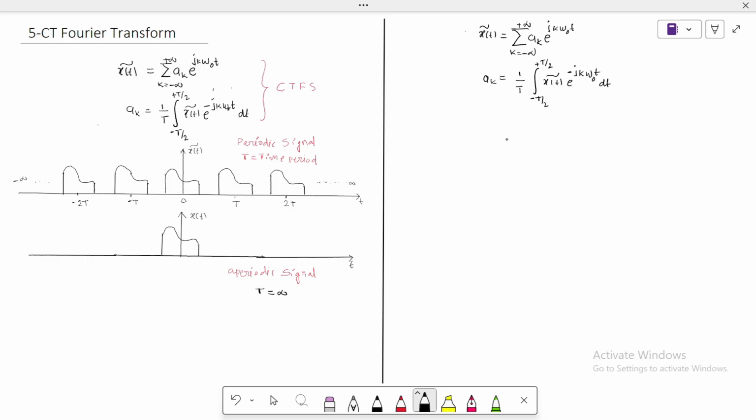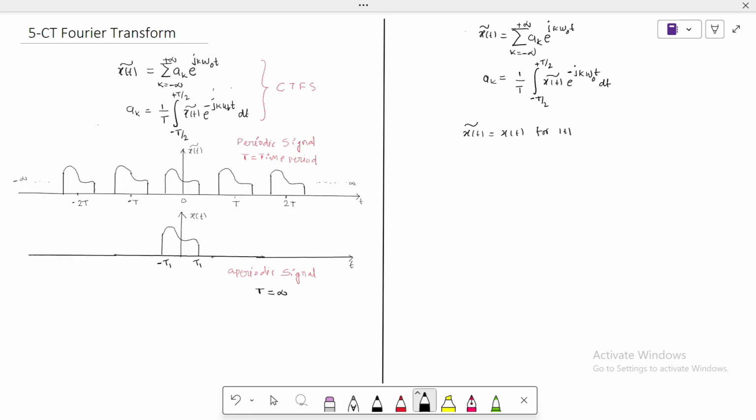For that case, here I am writing the signal. So this is x of t. We are assuming this is periodic within this time period, from minus T1 to plus T1. This is x of t for mod t less than T1.